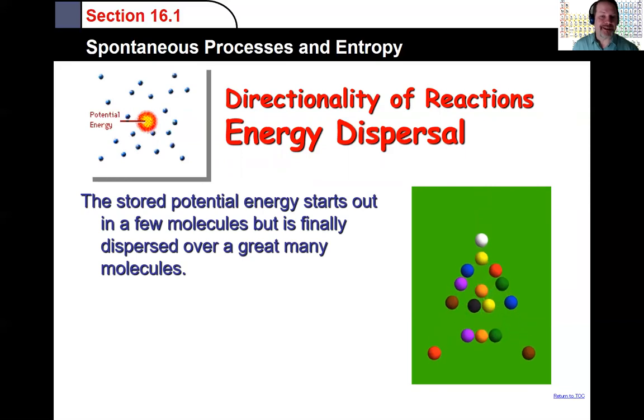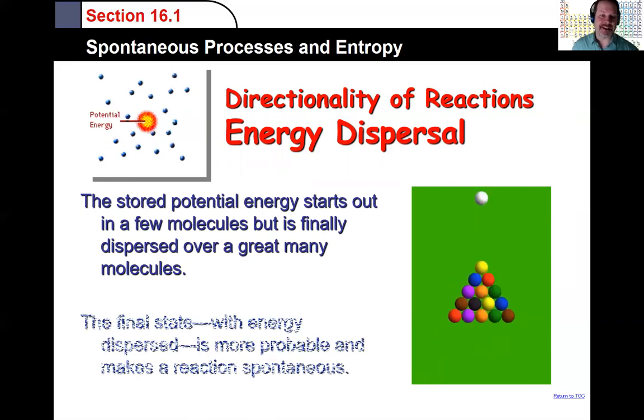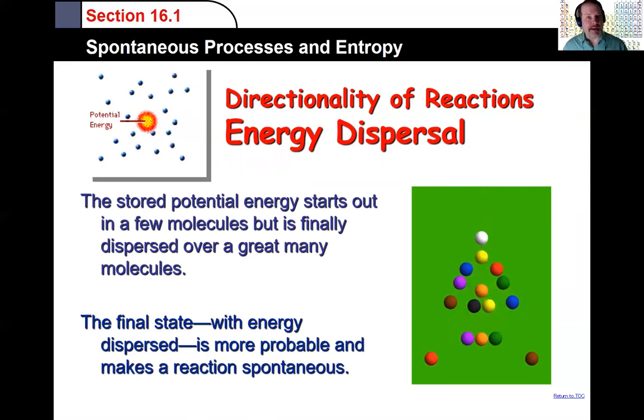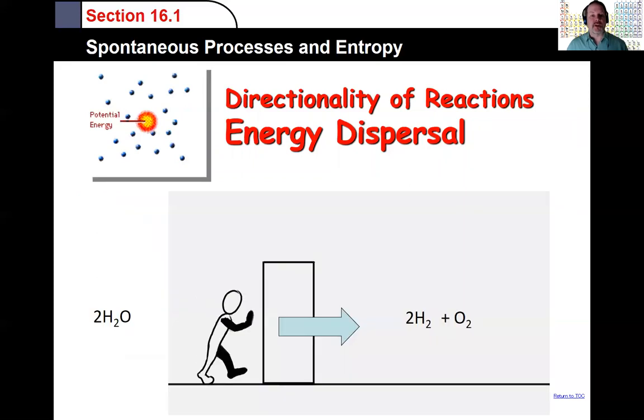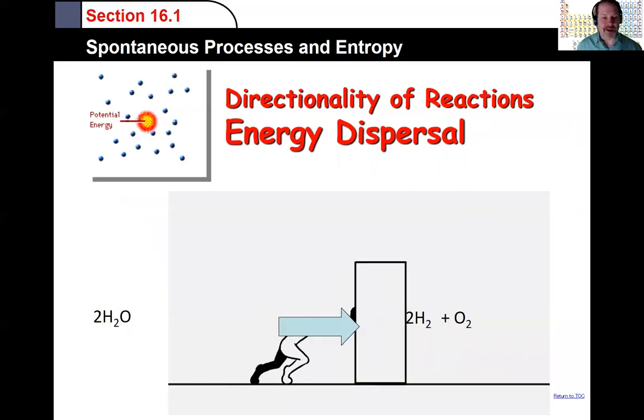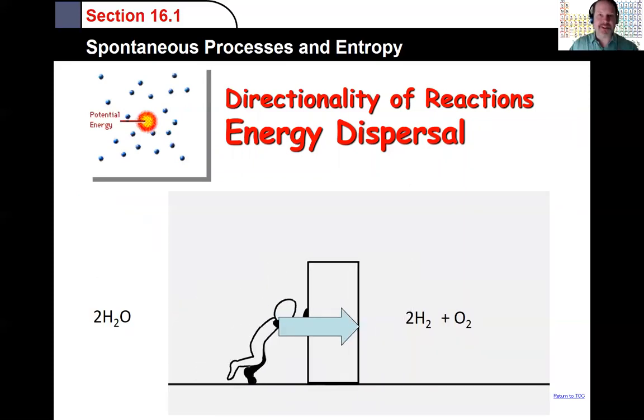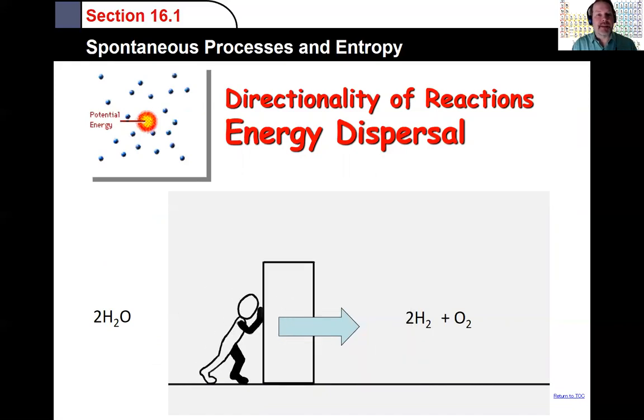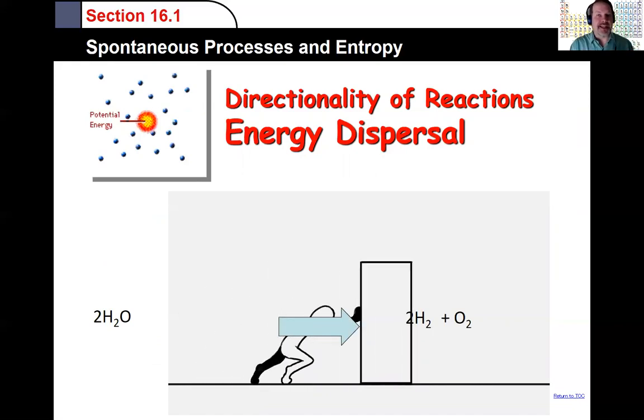So maybe entropy is like that white ball as it's hitting the rest of them. So it's more probable, more likely to have a spread out system than it is to have one that comes together. So this is a force. I think of entropy as this pushing force that's taking chemicals and wanting to spread out.